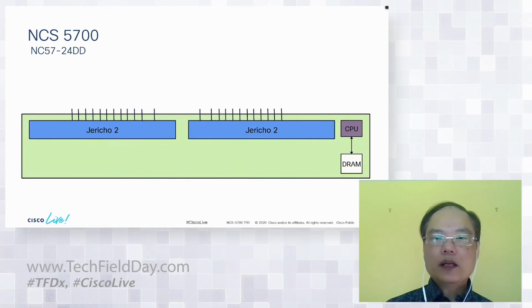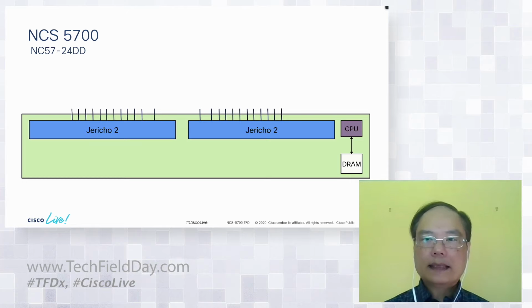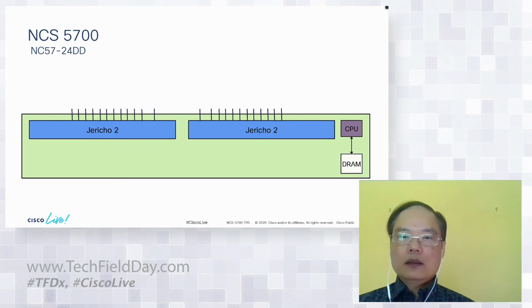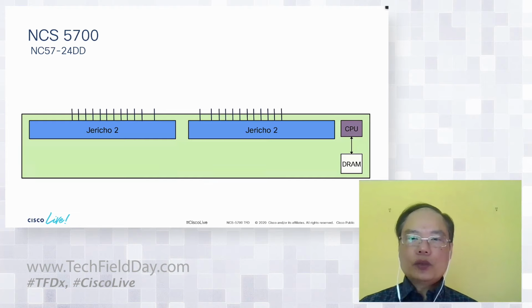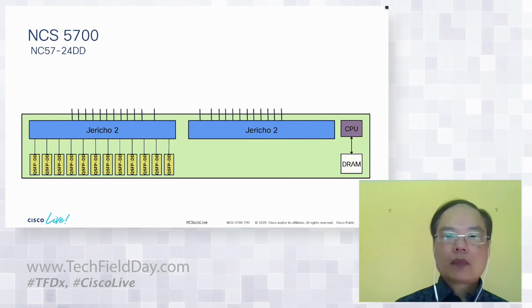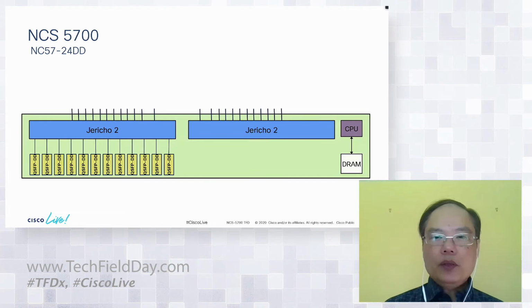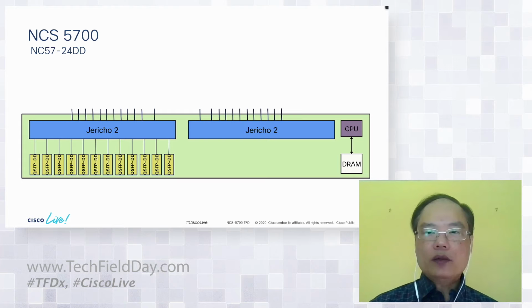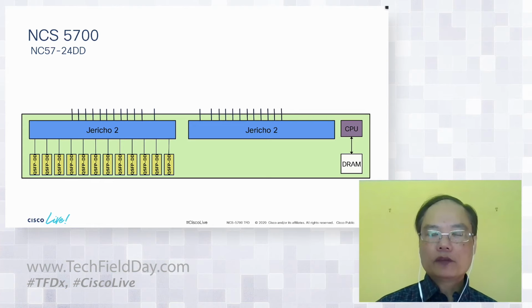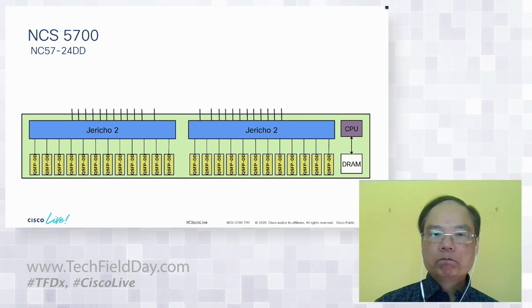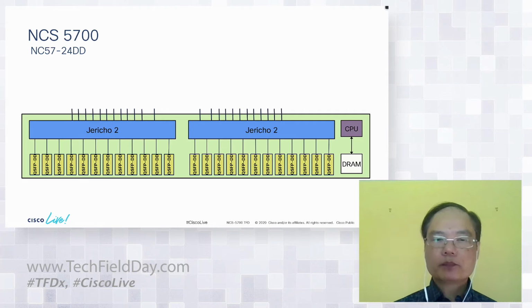This is a simplified block diagram for the 24DD line card. It has 2 Jericho II NPUs. Each NPU is connected to 12 QSFP-DD ports. Each port has 400 gig bandwidth. This is the second NPU with 12 QSFP-DD ports.